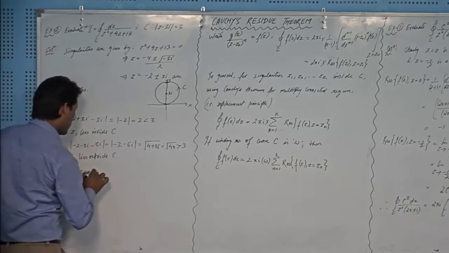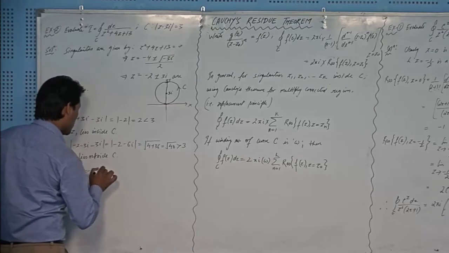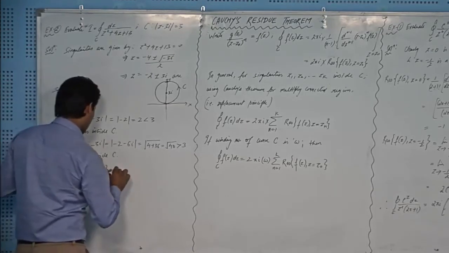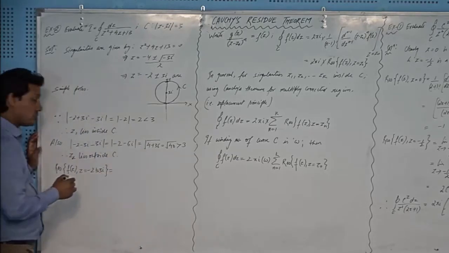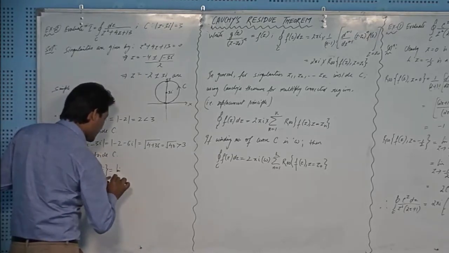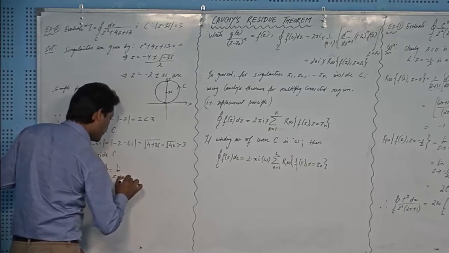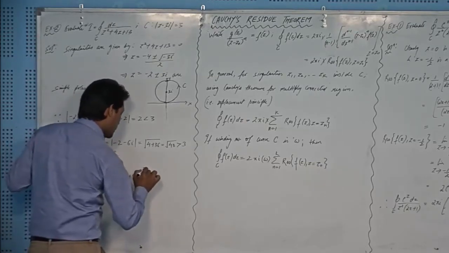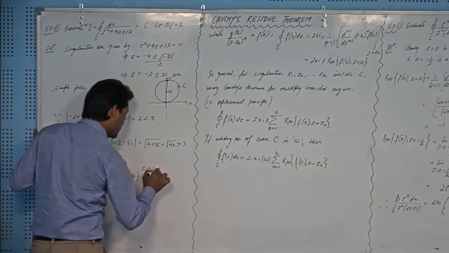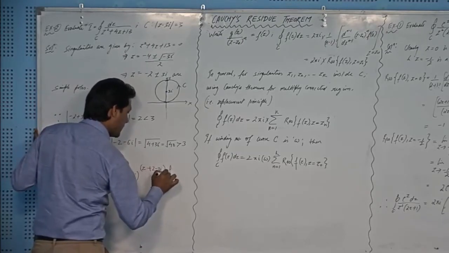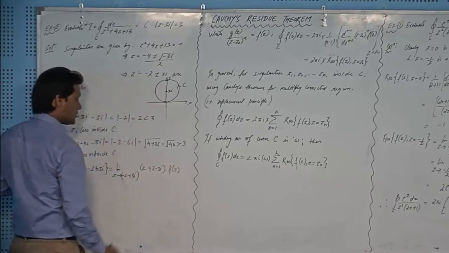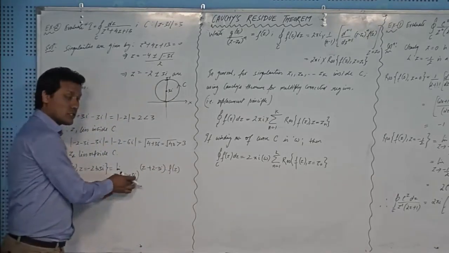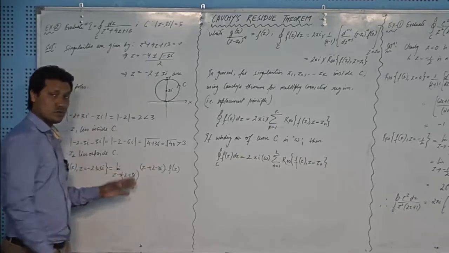Now I will find the residue of Fz at z equal to the pole lying inside, that is minus 2 plus 3 iota. Since it is a simple pole, I will use the first formula: limit z tends to minus 2 plus 3 iota of z plus 2 minus 3 iota multiplied by Fz. Pay attention to this point: z tends to z naught means z minus z naught, right?